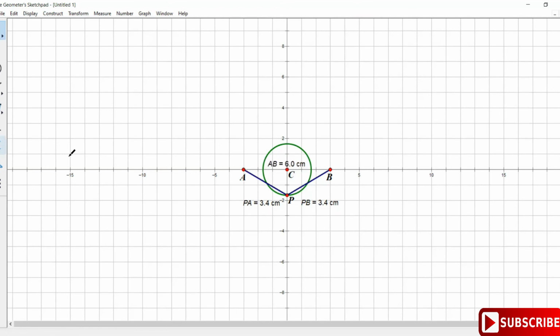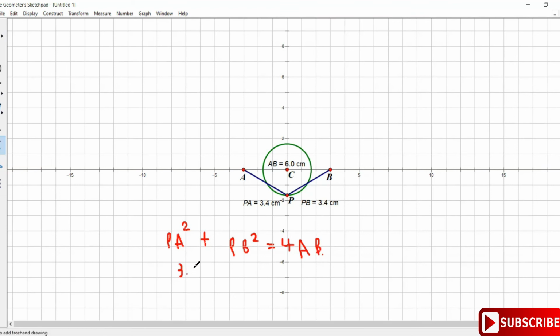Now look what I'm going to show you, that all the criteria was satisfied. Remember we said that PA squared plus PB squared is going to be equal to 4 times AB. Let's check how true that is.